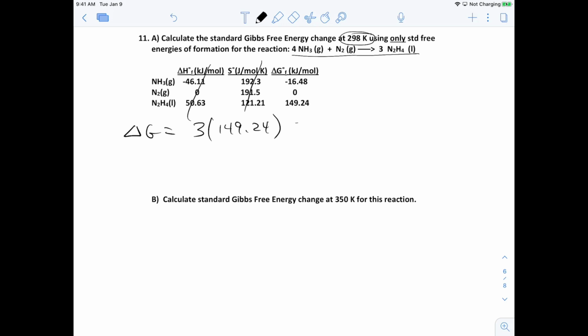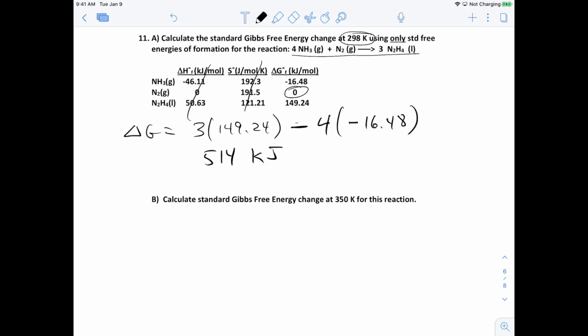And then we subtract from that 4 times the ammonia, and ammonia was negative 16.48. And looks like nitrogen is 0 because it's an element, so we can just do that part of the calculation, and you end up with 514 kilojoules.